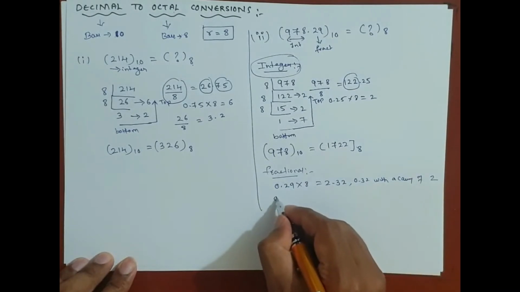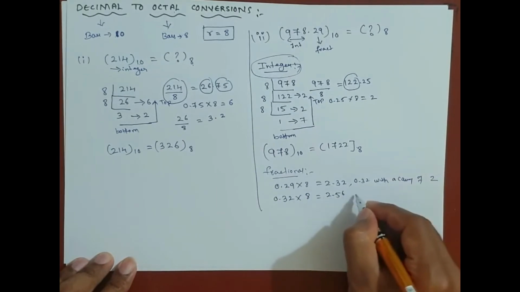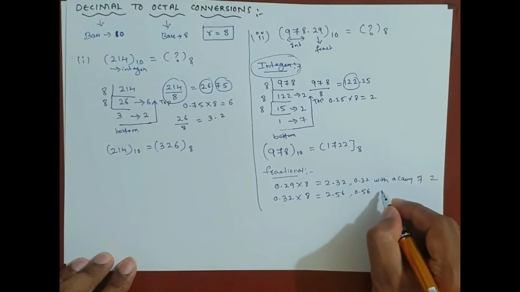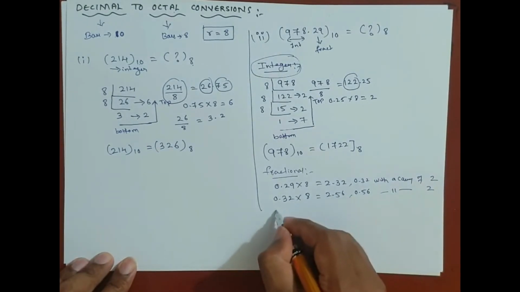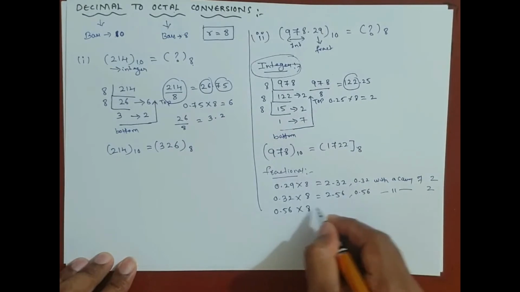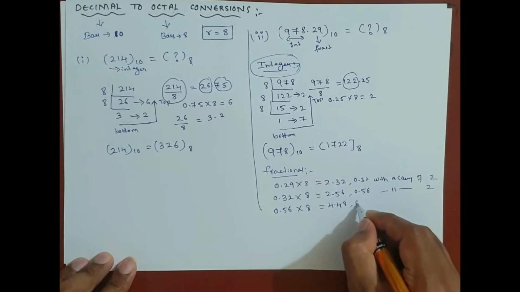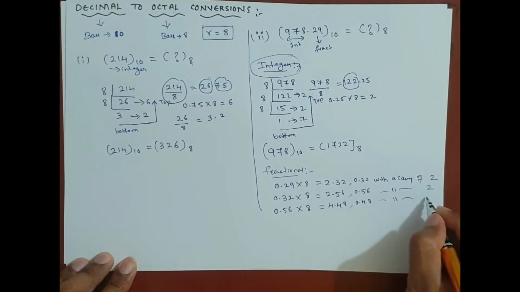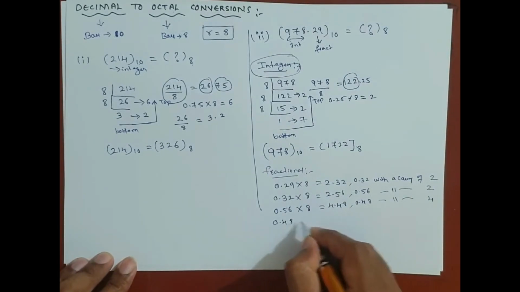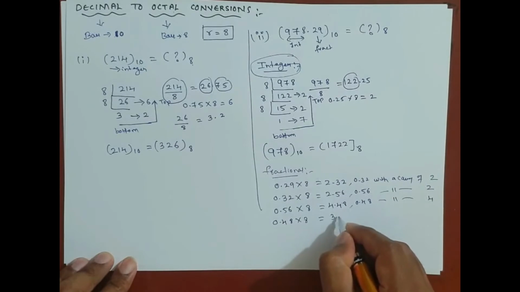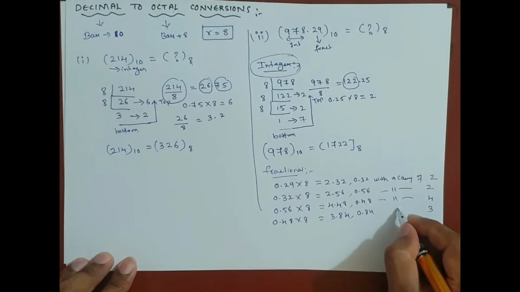Again take this 0.32, again multiply by 8, the result will be 2.56, which can be written as 0.56 with a carry of 2. Again take this 0.56, multiply by 8 equal to 4.48, which can be written as 0.48 with a carry of 4. 0.48 multiplied by 8 is 3.84, which can be written as 0.84 with a carry of 3.